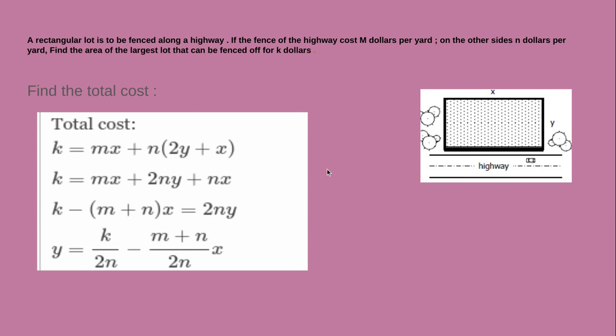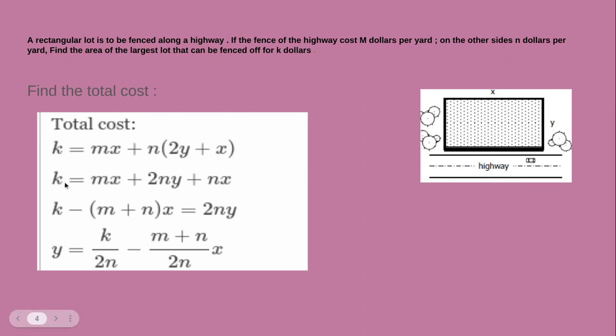In the problem, the $M per yard is along the highway. That's mx. Then our $N per yard is on the other sides, which is 2y, or 2 lengths, and the one width, x, or n times 2y plus x.